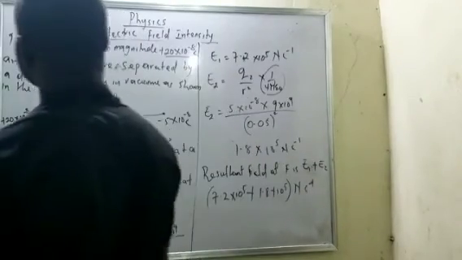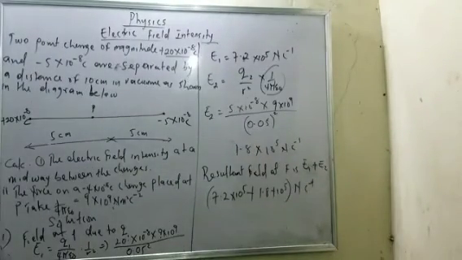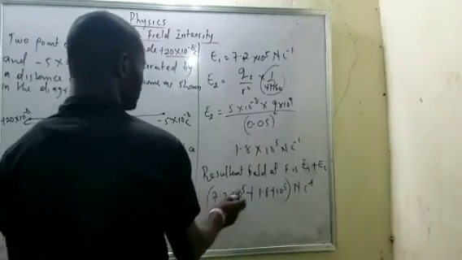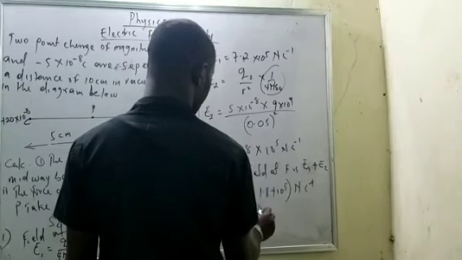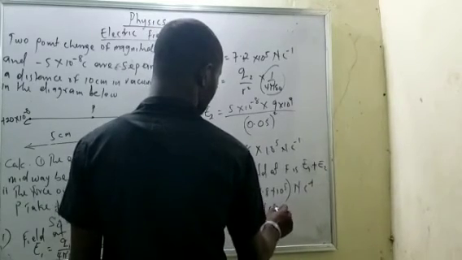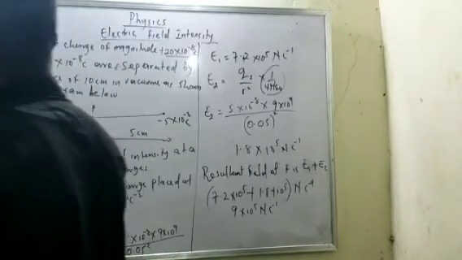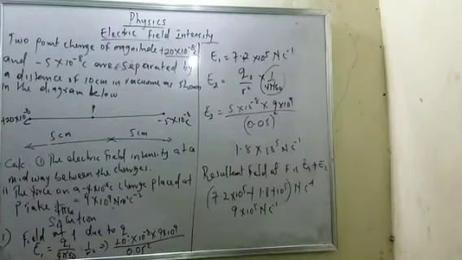Now with this I will have what I need, which is to be added up to be 9 times 10 raised to power 5. That is my answer for that.